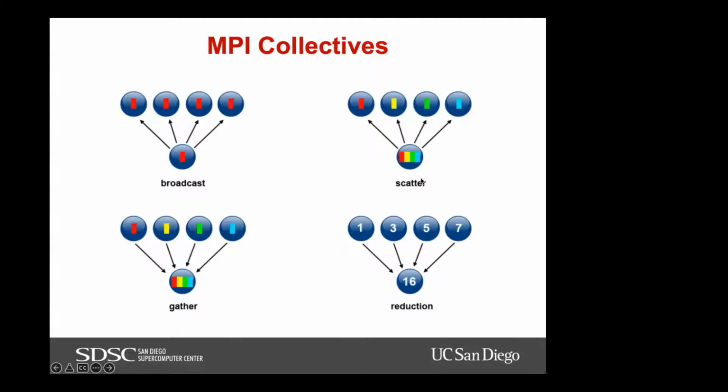There's a scatter where you have an array and you send pieces of it to different ranks, and you can have a logical way of doing that. Gather is the reverse of that. You get pieces from all the ranks and put it all together. And then you have the reduction, which is what we saw with Pi. We saw the reduction operation of summing up everything, right? So that's what we were doing in that example.